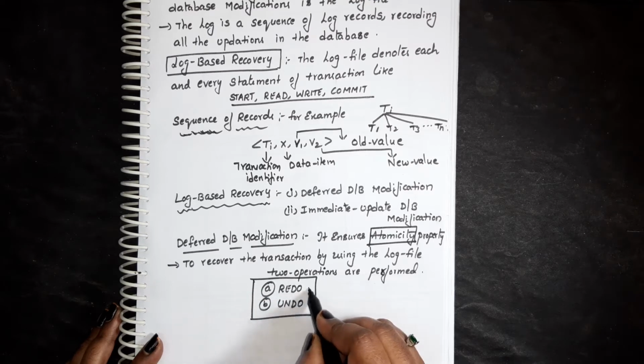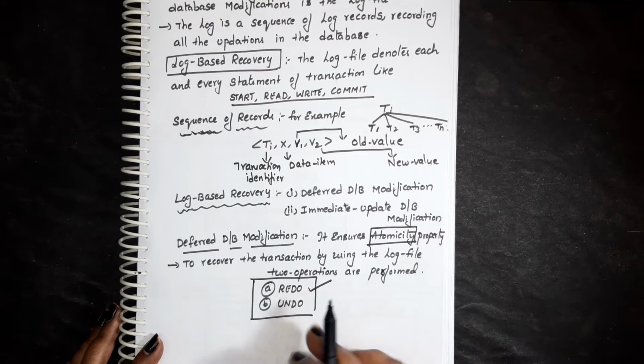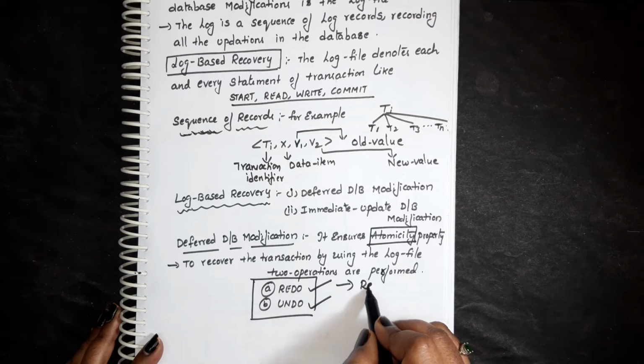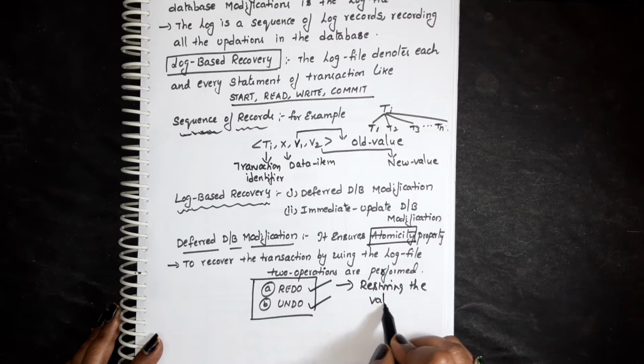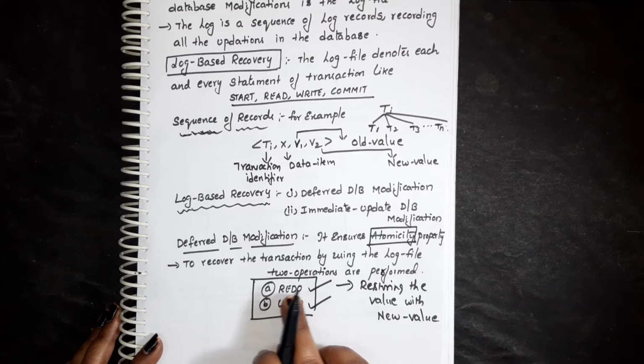The first operation we call the redo operation, and the second operation we call the undo operation. Redo operation is nothing but restoring the value with the new value. So you are going to update the data item value with the new value. That is what we call redo.